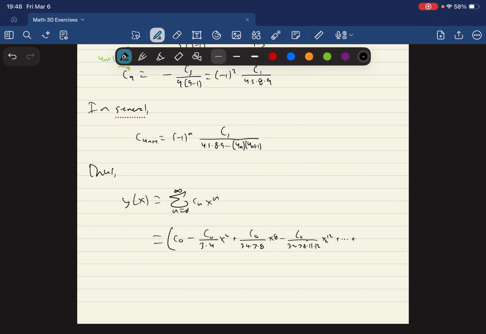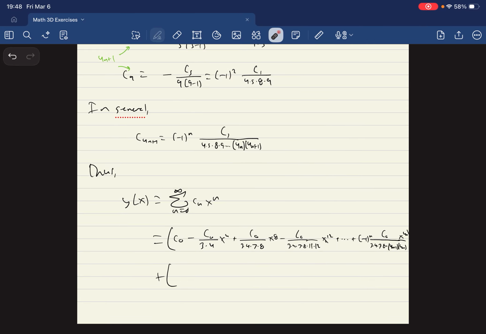On and on and on, and in general, the nth term of this series is this. This is going to be 4n minus 1, 4n, and we're doing x to the 4n. And then we're also adding the terms corresponding to 4n plus 1.